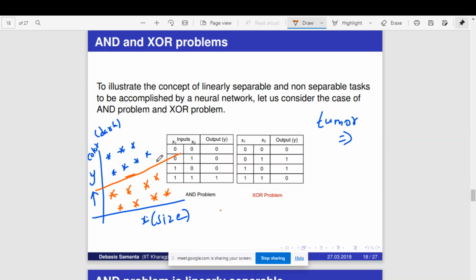Now I can clearly draw a line and say that if the data point is above this, then we can most probably predict that it will lead to cancer, otherwise it won't. But assume that the data points are not like this. Say some red points are here, and some blue points are here. It is something like this.